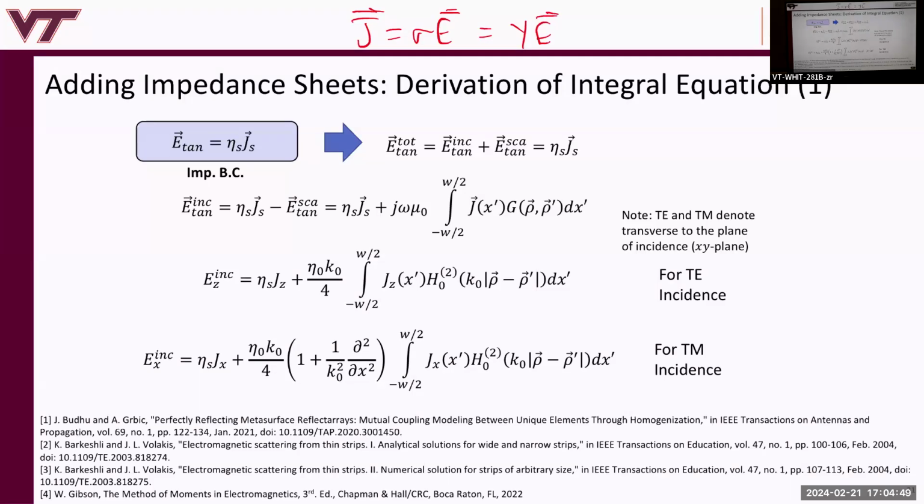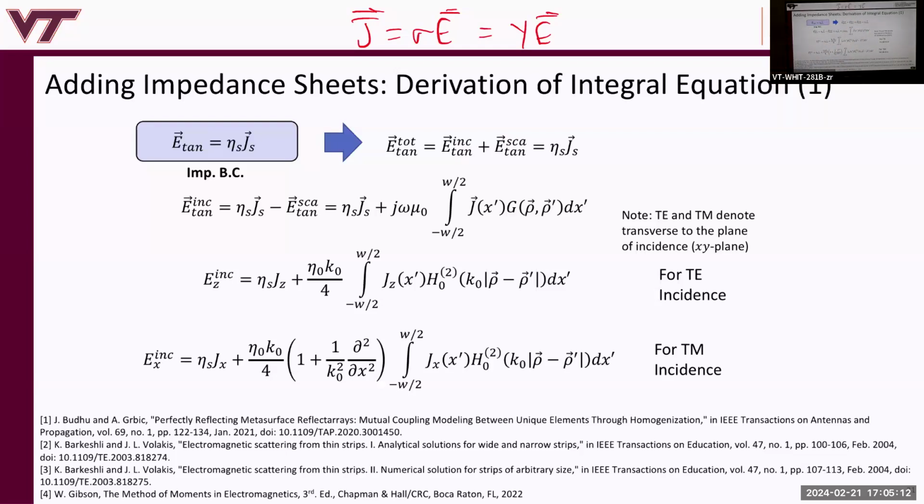I'm making this a very loose analogy, because sigma is a volumetric, bulk material constant. It applies to the conductor geometry. But Y is a sheet parameter. It applies at a boundary. So don't take this directly. Don't go off doing research with this equality. But know that the concepts are similar.